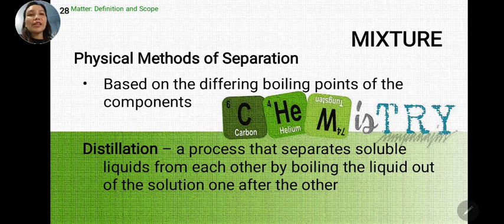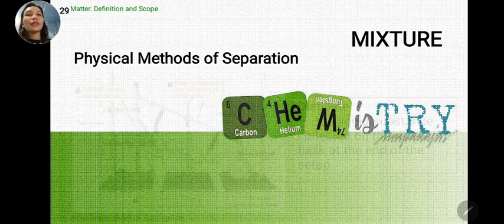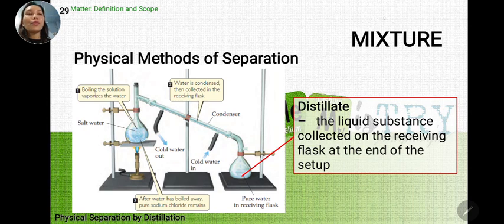So, next is distillation. Separate soluble liquids from each other by their differences in the boiling point. So, that is an example of distillation setup. Ang tawag naman natin sa liquid na nako-collect dito sa end flask is the distillate.